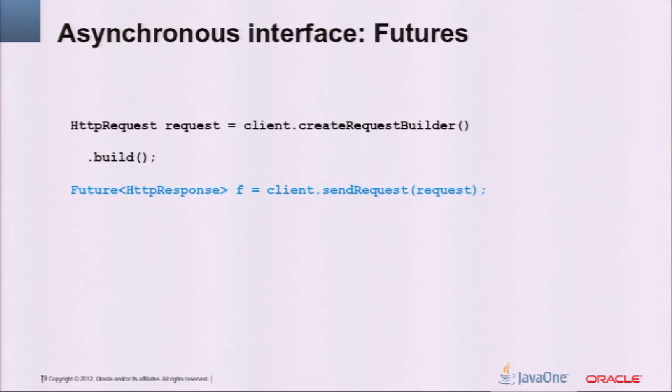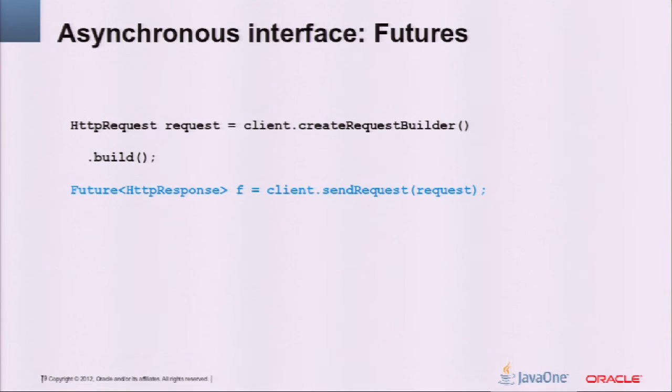Okay, so moving on quickly then to the other type of asynchronous interface, futures. If you think back, in each example that we showed previously, the client.sendRequest method was treated as if its return value was void, but actually it returns a future object.